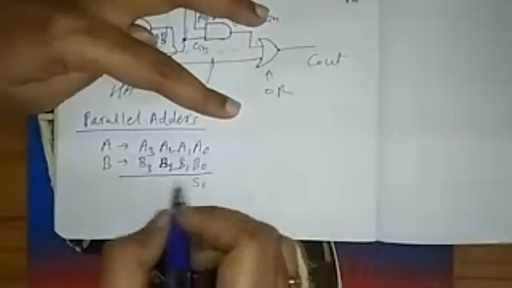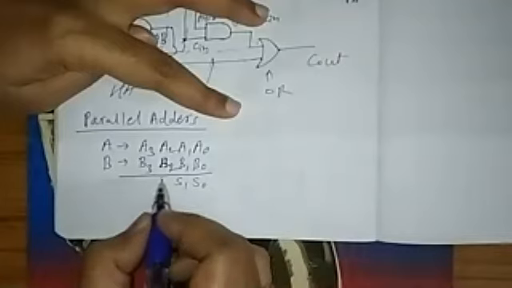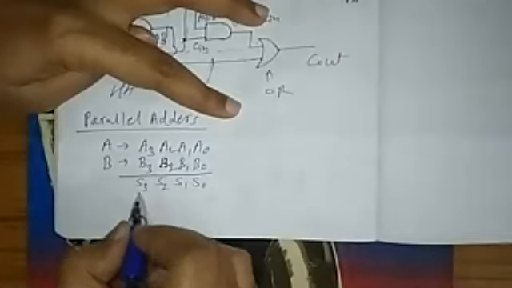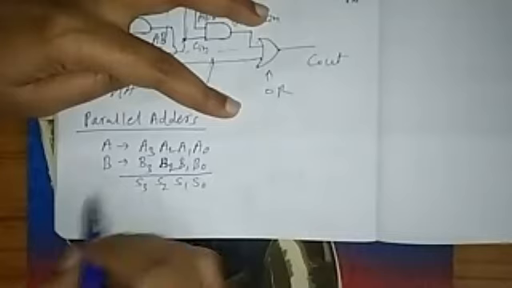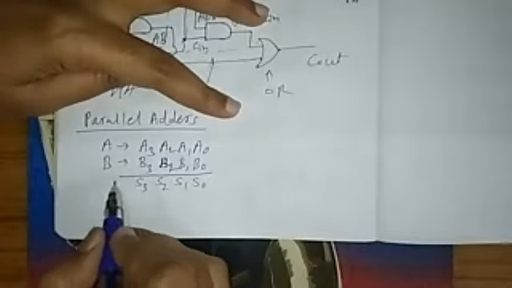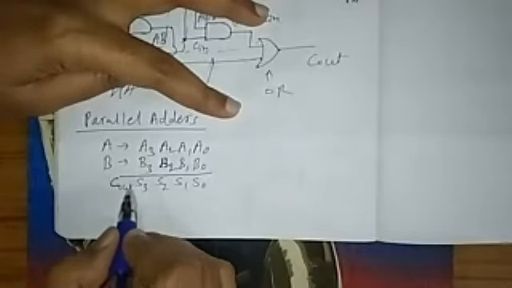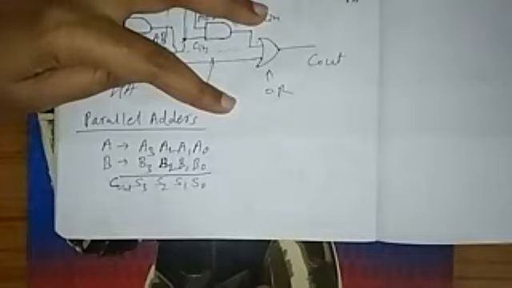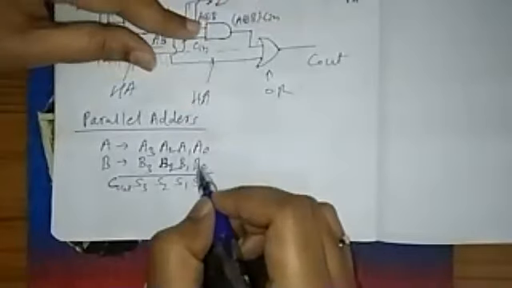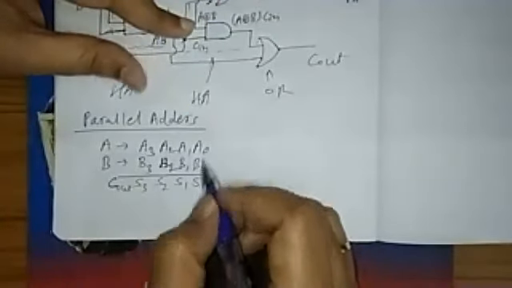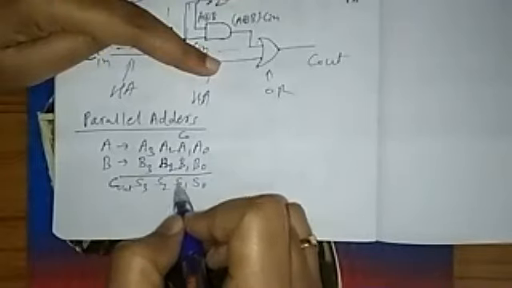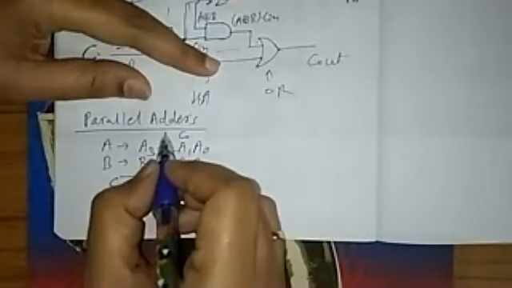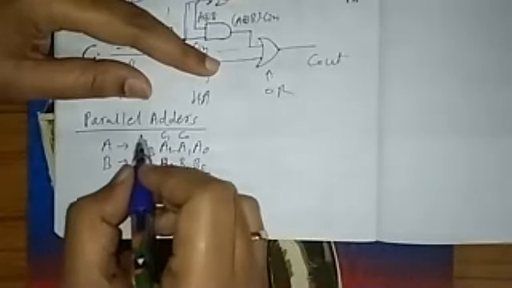If I add these two, I'll get S0, S1, S2, S3. With one more carry from the MSB bit, we can get Cout. In between, when we are adding A0 and B0, we get a sum and a carry may be generated, C0. After adding for S1, I may get the carry C1, and then the carry C2.